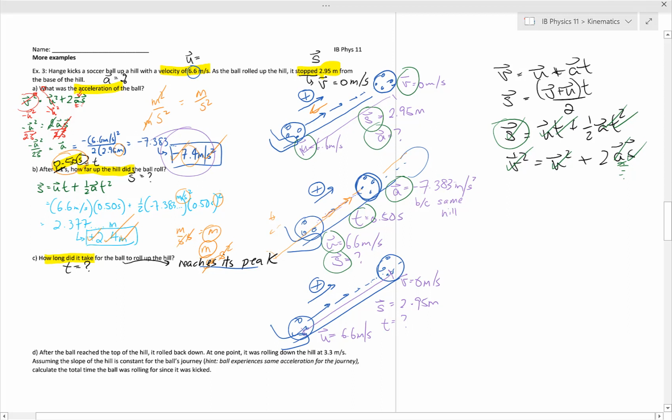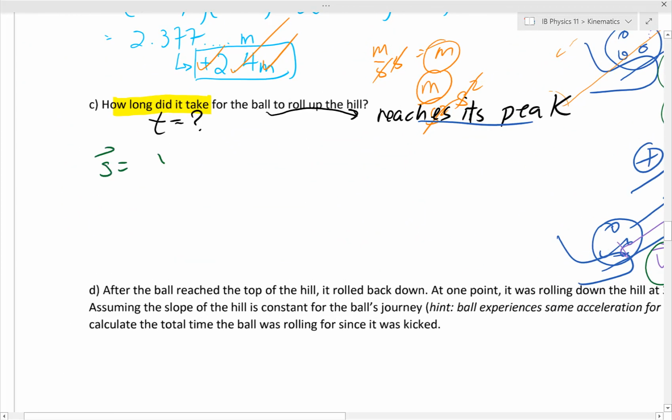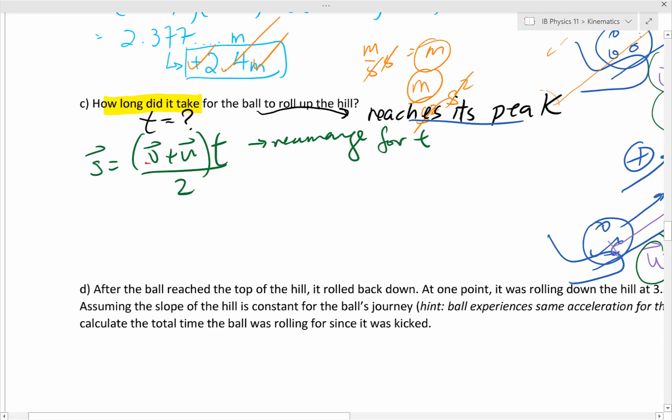We've identified what we have and don't have, and we want to identify which toolbox we want to use: U, T, S, and V. If we screen for our equations, this is the one that we need: S, V, U, and T. We are solving for T, meaning that we have to rearrange this equation to give us T. We also know that the final velocity is 0, so I'm going to get rid of that term from the get-go.